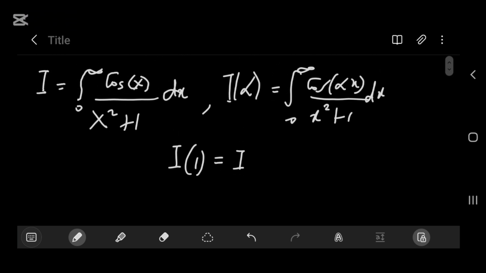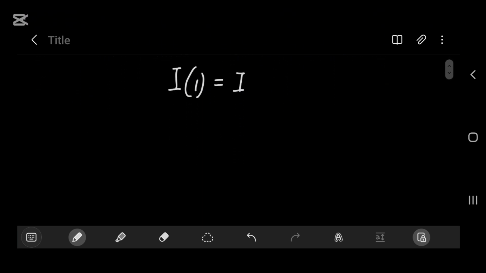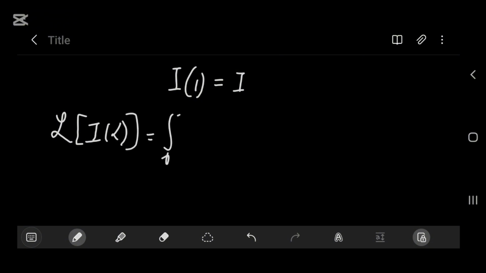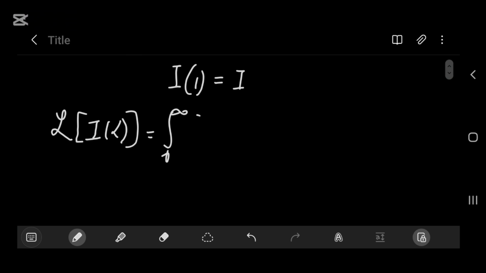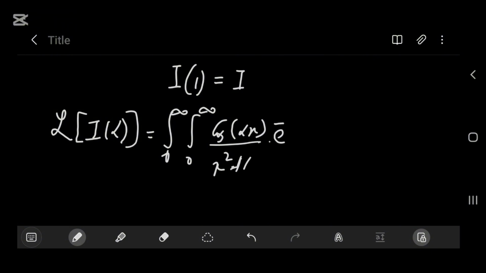So now let's take the Laplace transform. The Laplace transform of I of alpha is equal to the integral from 0 to infinity, another integral from 0 to infinity, of cosine alpha x over x square plus 1 dot e to the minus s alpha d alpha dx.